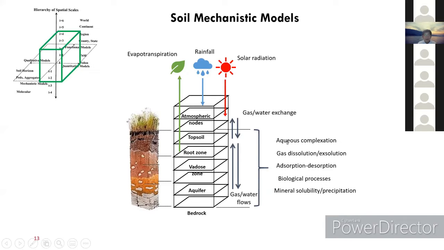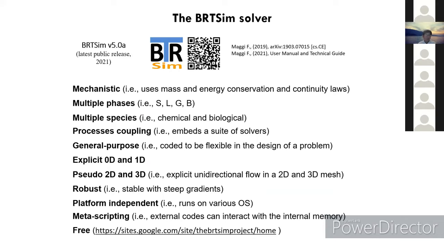So in the liquid, in the aqueous complexation, in the gas phase, whether it's absorption or desorption, if there's any biological or mineral process, all of this can be modeled based on mechanistic principles. One of the newer versions of mechanistic models is called BRT-SIM.